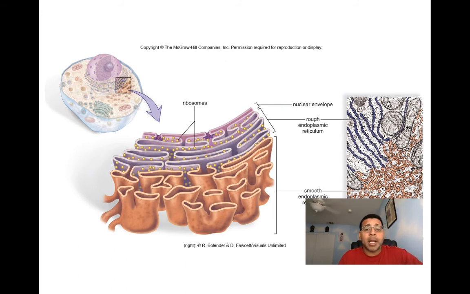And in muscle cells, it's responsible for storing calcium. Smooth endoplasmic reticulum also forms vesicles, in which products are transported to the Golgi apparatus.